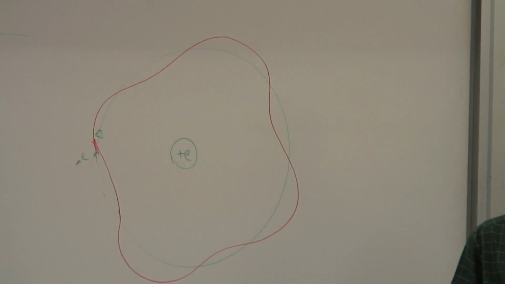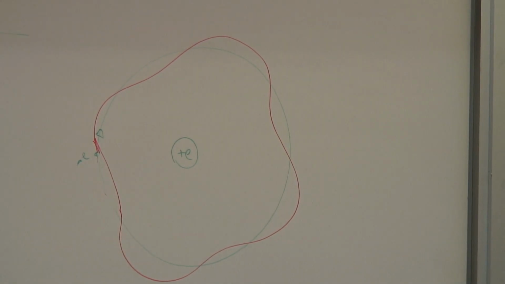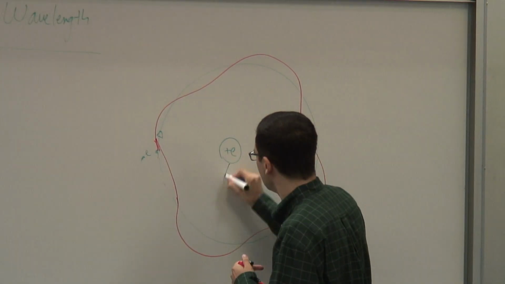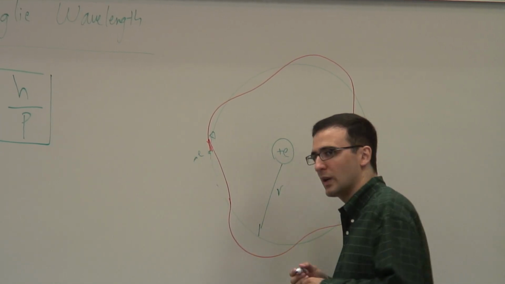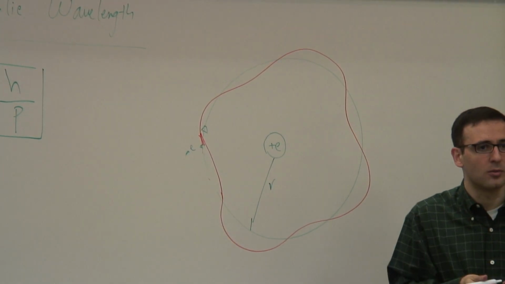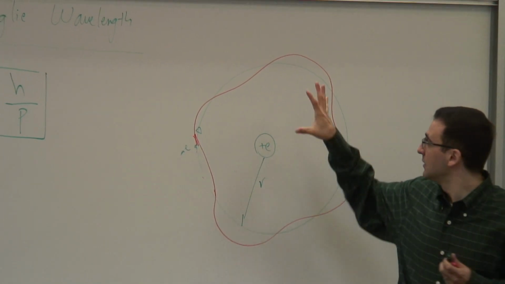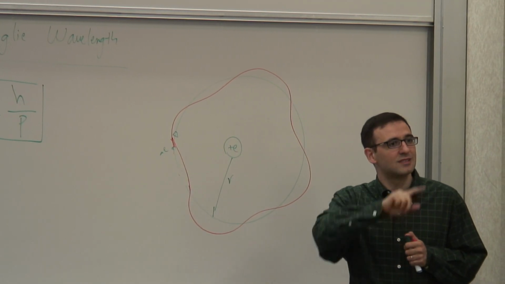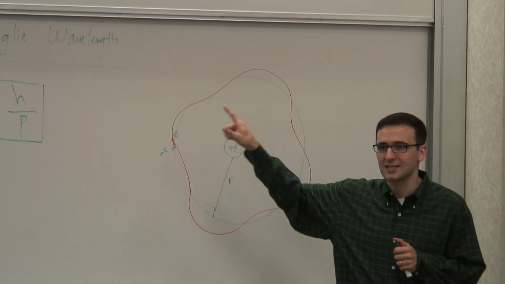For that to happen, what condition do I need? Let's say the radius of the circle is r. What is the condition for this to be a stable orbit, in other words, to form a standing wave, a de Broglie standing wave?